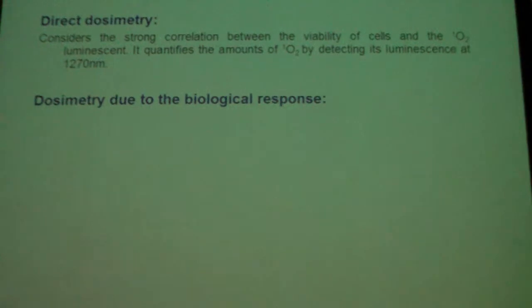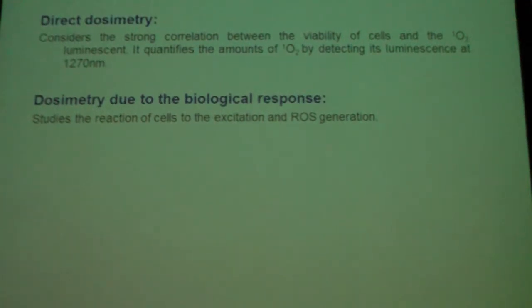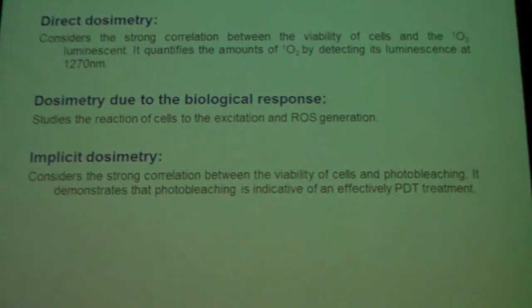The second method is dosimetry based on the biological response. They try to monitor the cells while exciting the drug to see how the cells react to the excitation. And the third one is implicit dosimetry, which considers the strong correlation between photobleaching and photodynamic efficacy.